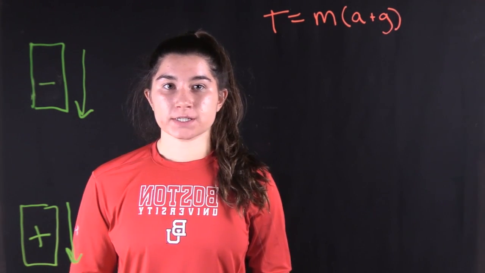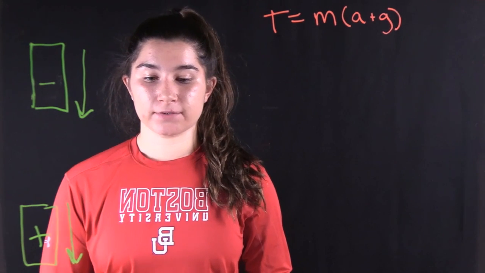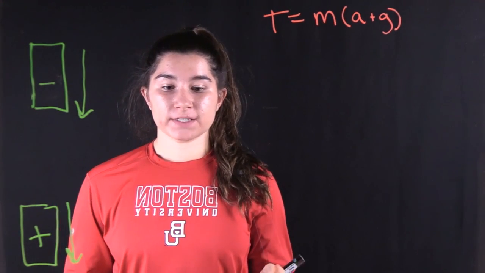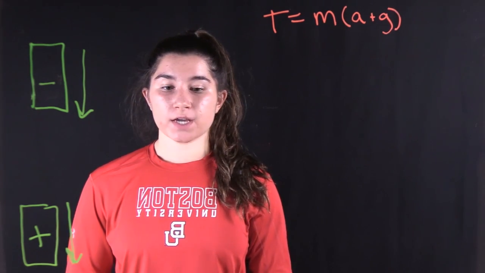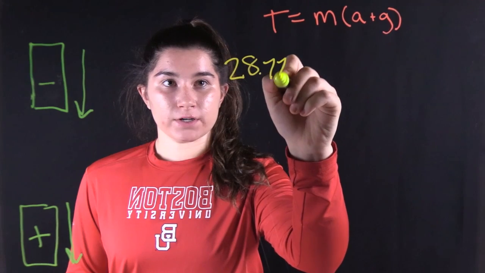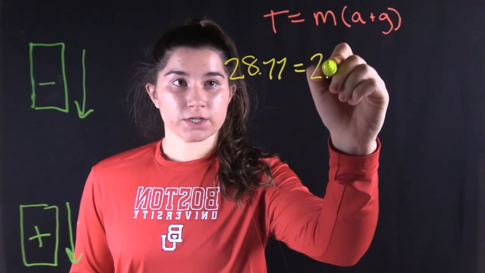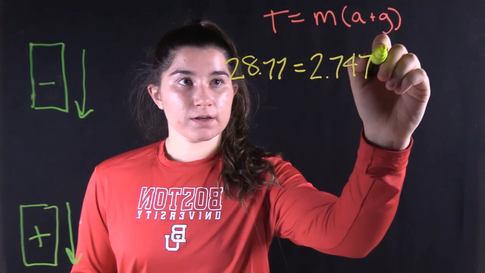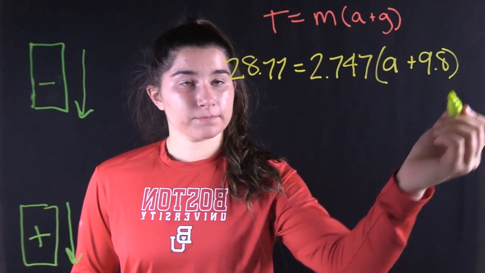As the elevator begins to slow down, the acceleration would then be positive as it is going in the negative direction. So again, we find the tension by taking the mass in kilograms times the acceleration of gravity, which multiplies out to be 28.77 newtons, and we set that equal to the mass in kilograms, which is 2.747, times the acceleration plus the acceleration of gravity.